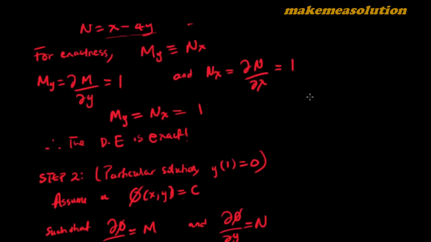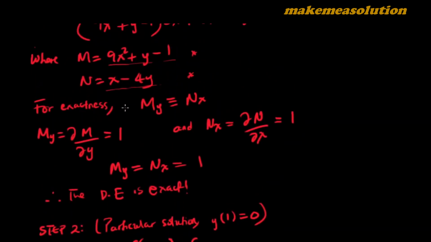But now look at the expressions for m and n. Which one is longer, which one is shorter? Which one would you probably want to start with? I know n is shorter in terms of number of terms. We have just x minus 4y.